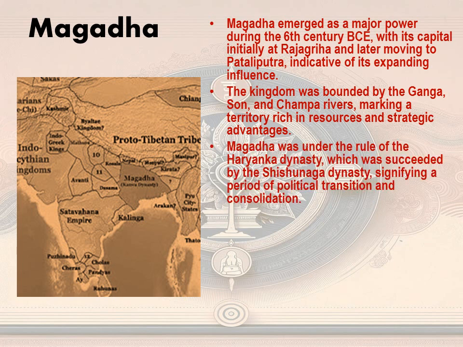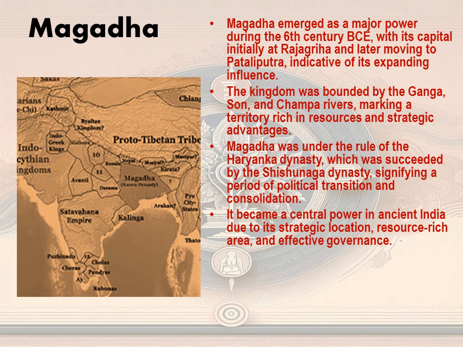Magadha was under the rule of the Haryanka dynasty, which was succeeded by the Shishunaga dynasty, signifying a political period of transition and consolidation. So there were many political dynasties in Magadha. In our next video, we will discuss Magadha, how it emerged. For now, we are giving a summary of the history of Magadha in this video.